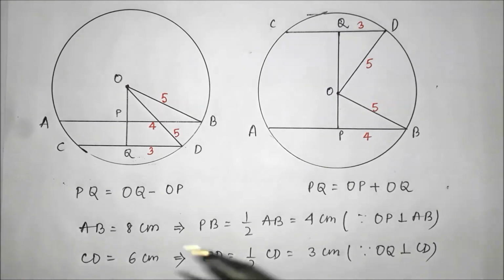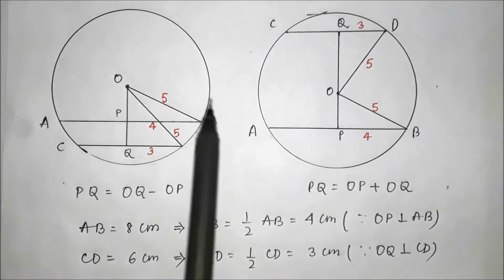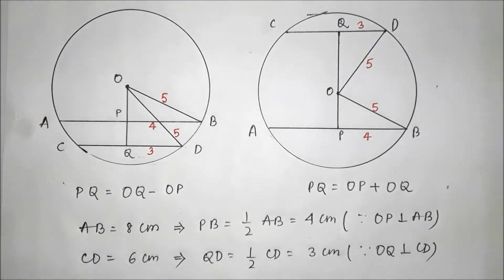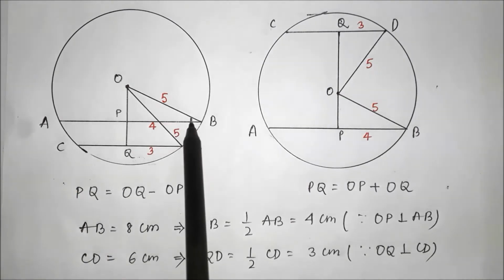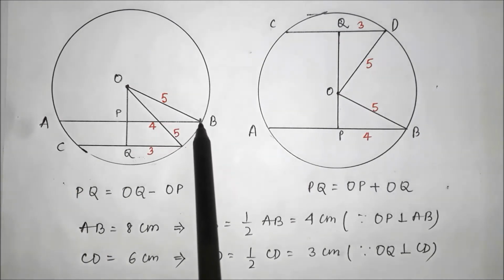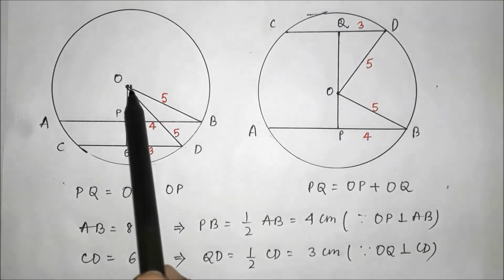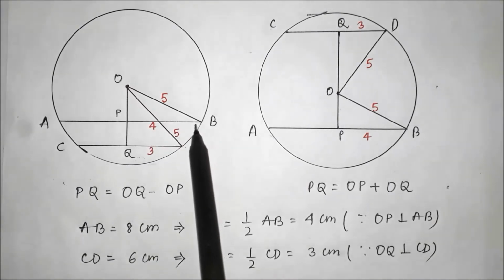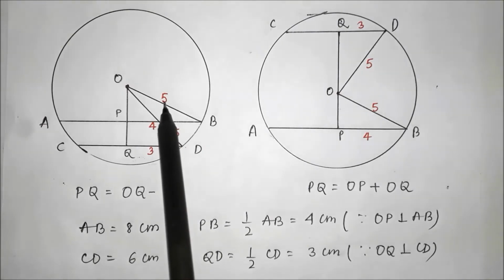Now if you see the diagram, I name the figure the same, so it will ease your calculation. See, AB is a chord. A perpendicular is drawn on AB which meets AB at P, and we join OB, which is the radius of the circle whose length is given as 5.